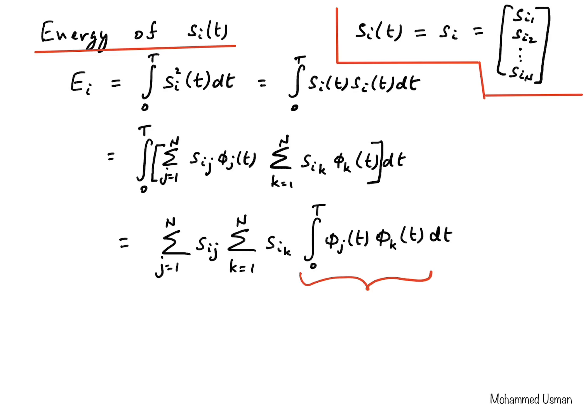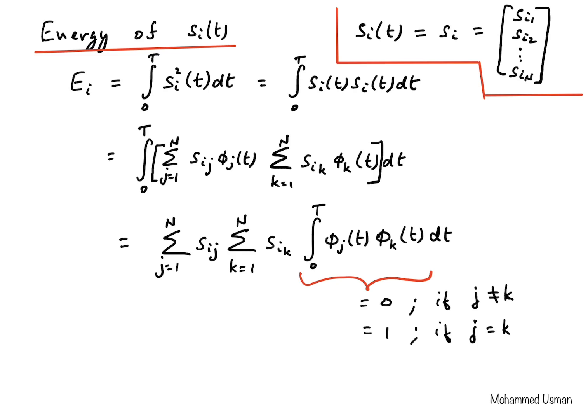So we'll have this integral equal to 0 if j is not equal to k, and equal to 1 if j is equal to k.